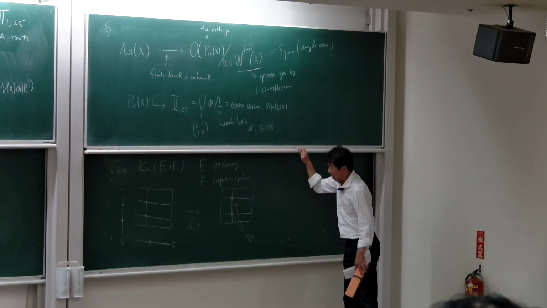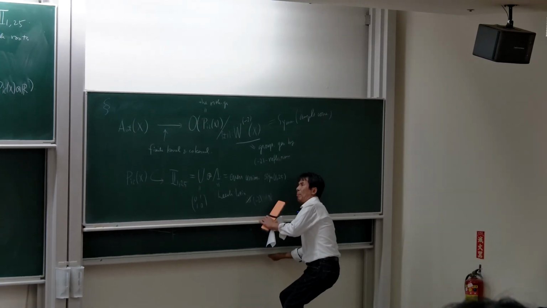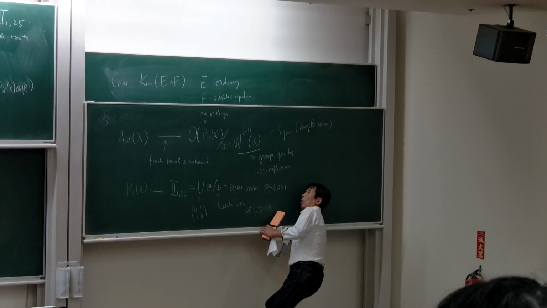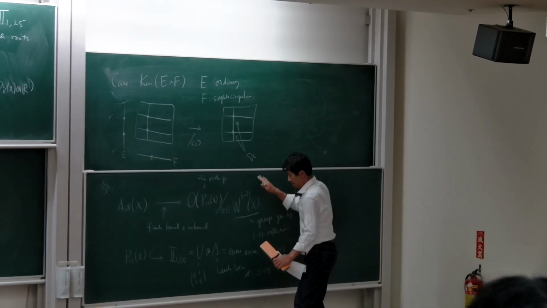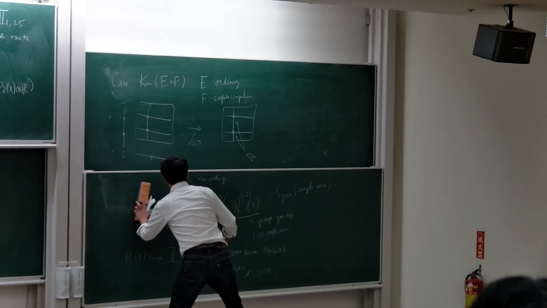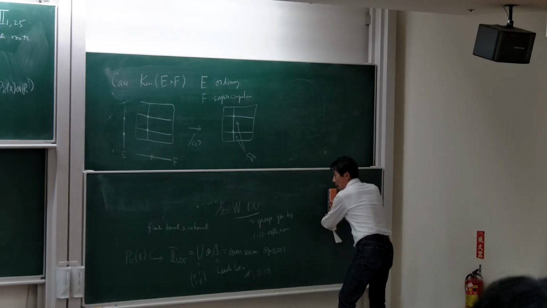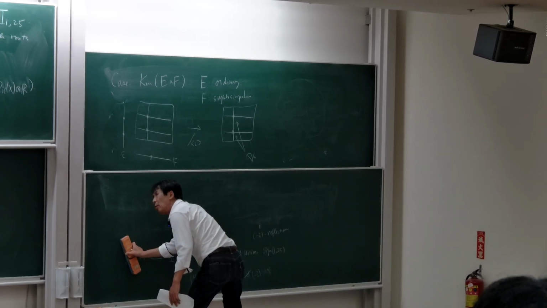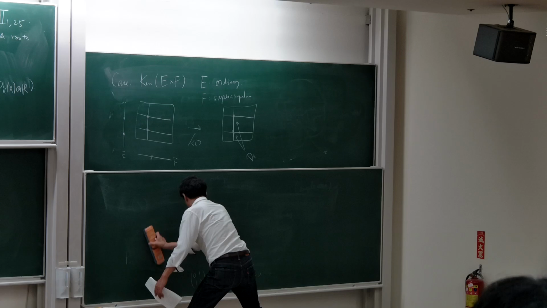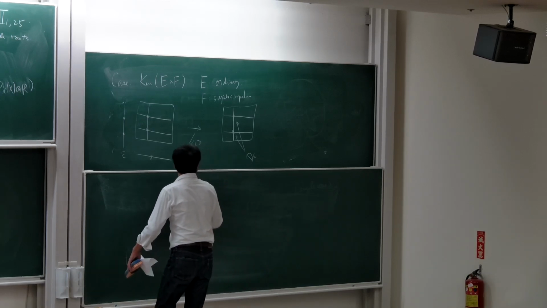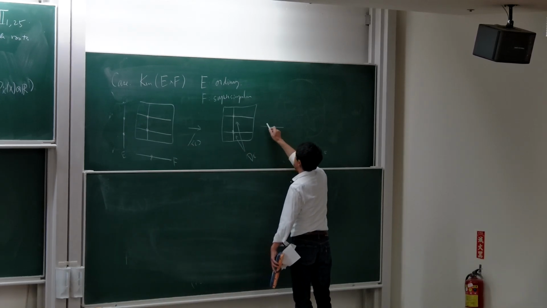So by taking the minimal resolution, we get the following 18 or 19 minus 2 curves. So take the minimal resolution.